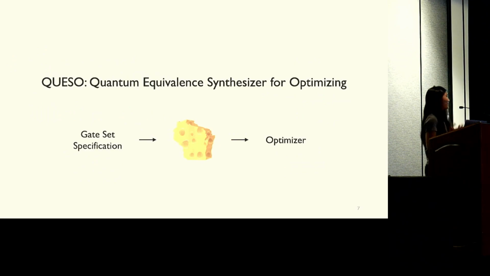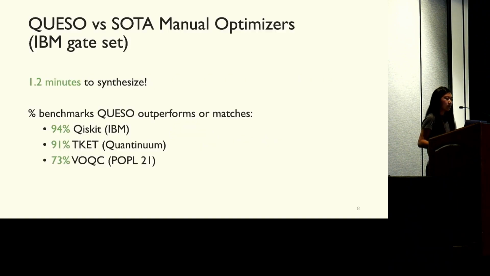That brings me to our tool, which is called QUESO, and it stands for Quantum Equivalence Synthesizer for Optimizing. The input here is a gate set specification, and then QUESO will synthesize an optimizer for that gate set. For example, if we're given the IBM gate set, then QUESO can synthesize an optimizer in 1.2 minutes.